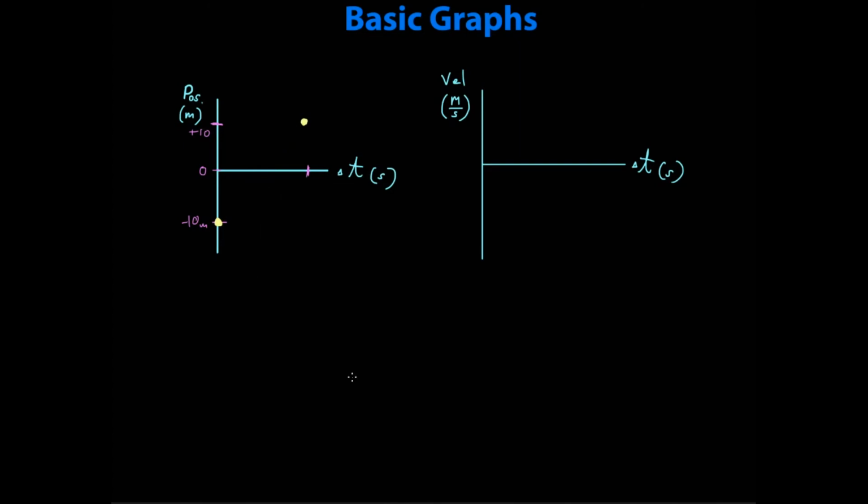You can actually piece together what this graph will look like by doing this. You can actually think about it in small pieces. At the very beginning, he wasn't moving. Non-moving on a position versus time graph means it would be flat. In other words, if he never moved, he would stay at the negative 10 meter mark the entire time. Now for the next little mark, I'm going to do another little line that represents it going a little faster.